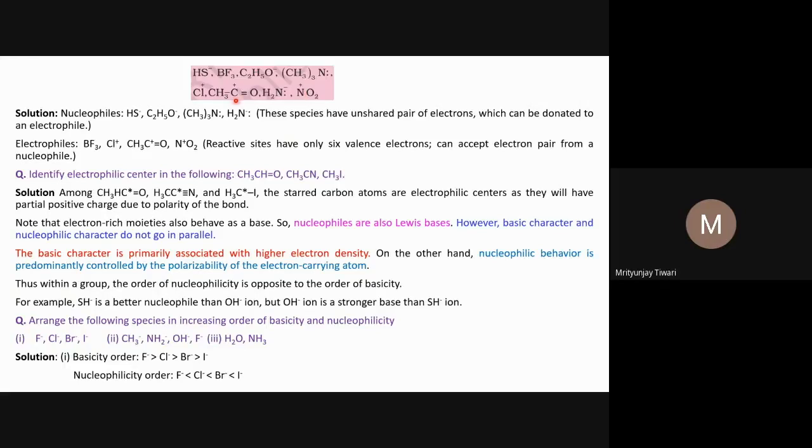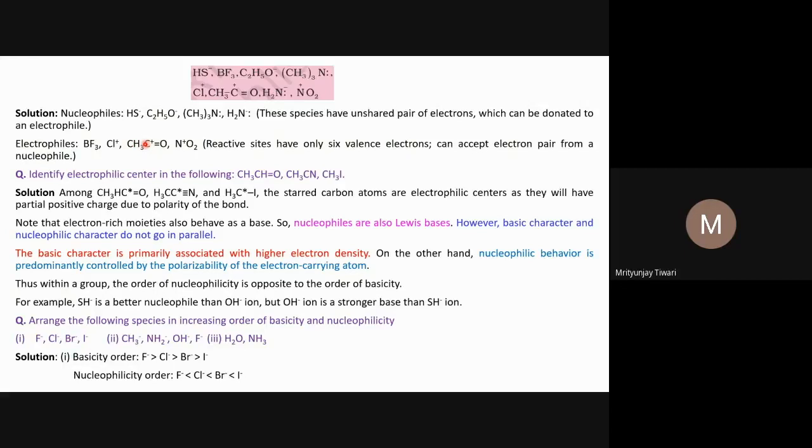So we have segregated all the species into nucleophiles and electrophiles. The nucleophiles, all of these species, have one shared pair of electrons which can be donated to an electrophile. And in these species, what do we see? The reactive sites have only 6 valence electrons, and thus they can accept electron pairs from a nucleophile. We see at this center only 6 electrons are there, because only 3 bonds are there to this carbon: 2 bonds with this oxygen, one bond with this carbon.